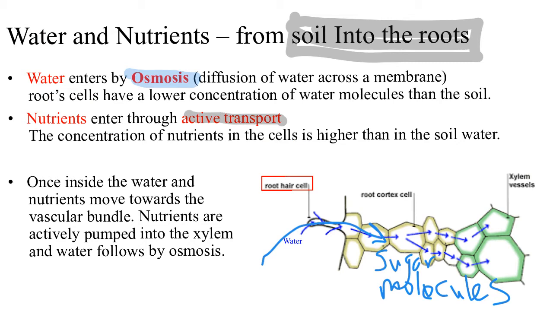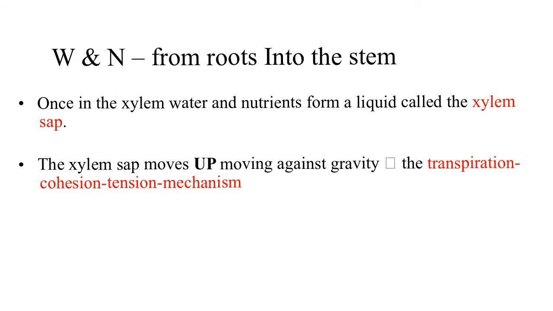Once actually inside, this water is going to move through the cells and go towards the vascular bundle, or in this case, specifically the xylem vessels or the xylem cells. And then we can move on to the stem. So the water and nutrients that enter the xylem are called the xylem sap. Not too hard to remember because trees have sap, so this is the xylem sap.